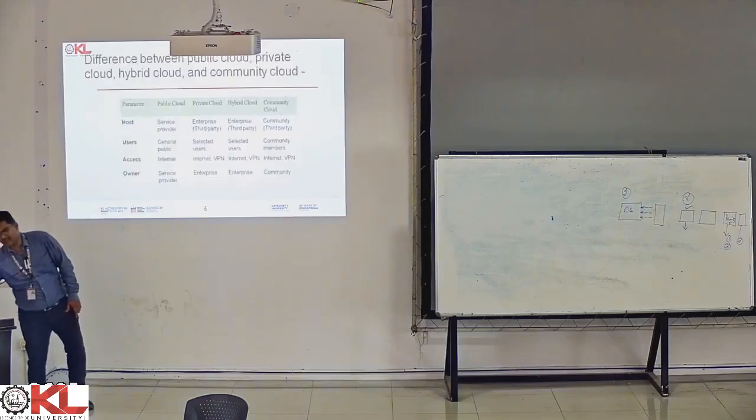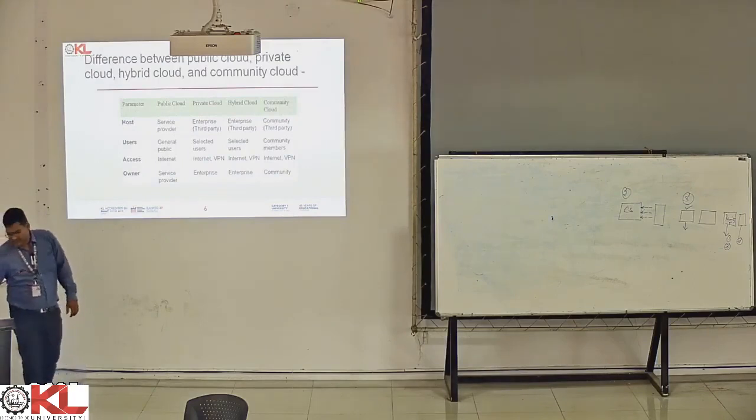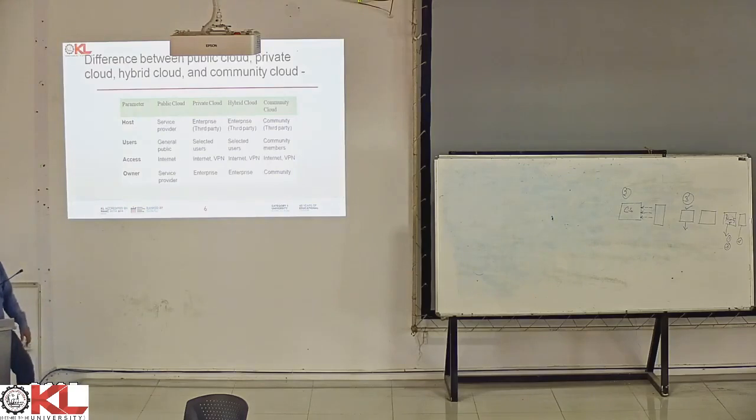These are the different types that we have among the deployment models. If you see the parameters, for a service provider the users are generally the general public, whereas if it is private, the selected users; hybrid, selected users; community, community members.